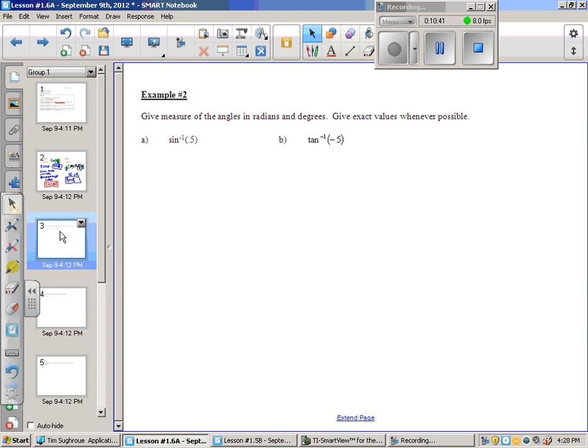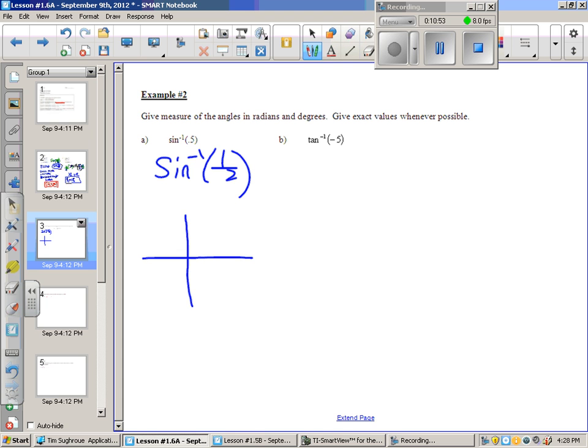So, example number 2, A. This is the same thing as saying the arc sine of 1/2. In order to find the arc sine of 1/2, first of all, you need to know on an arc sine, I have to either use the first quadrant if it's positive or the fourth quadrant. Since this is positive, it's the arc trig function of a positive number, it will always be the first quadrant.